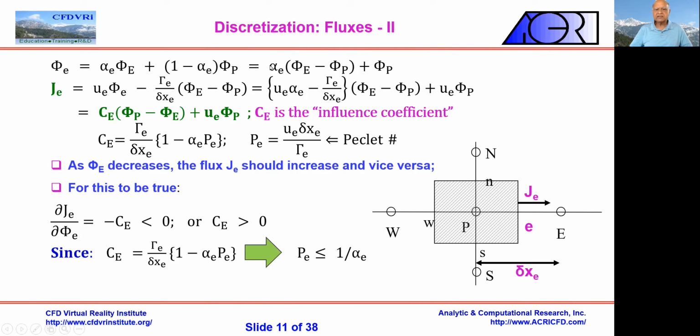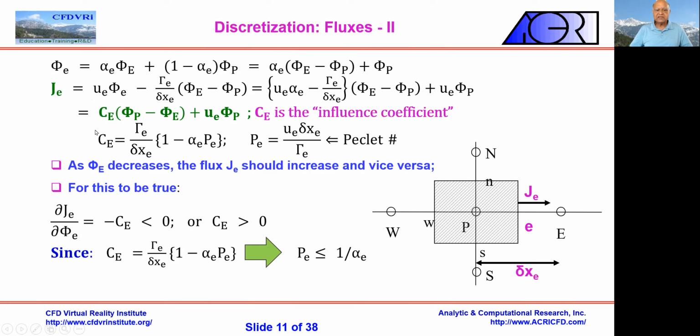So now, except for a constant that we have introduced, the value at the boundary is determined from the node values, which we are going to compute. Now, if you rewrite this equation, you will find that it can be written with a CE, an influence coefficient as we call it, multiplied with the difference between phi P and phi E, plus the value at the central point multiplied by velocity, right?